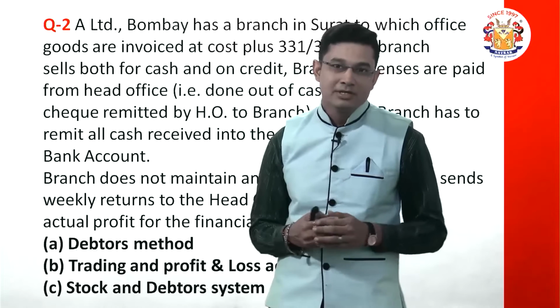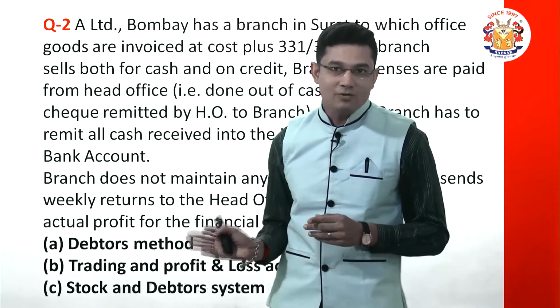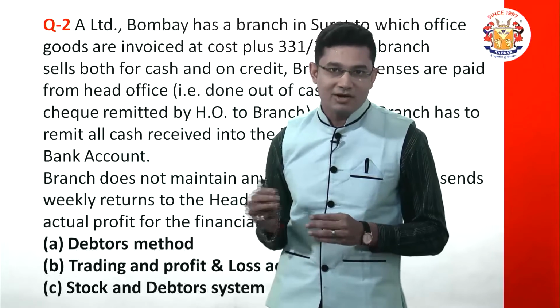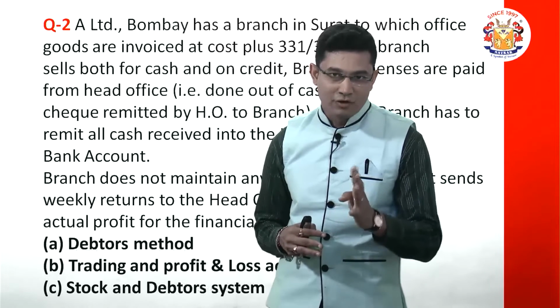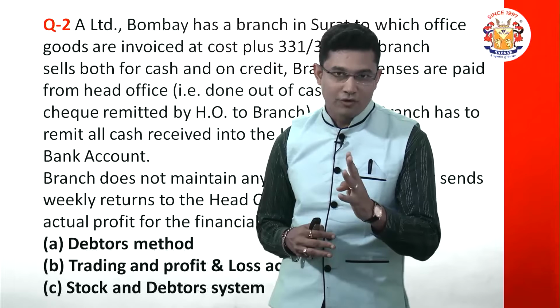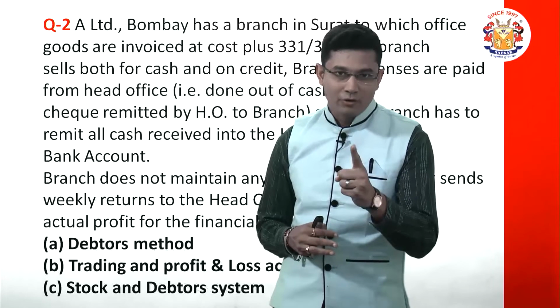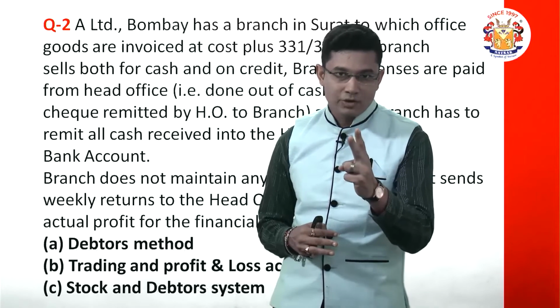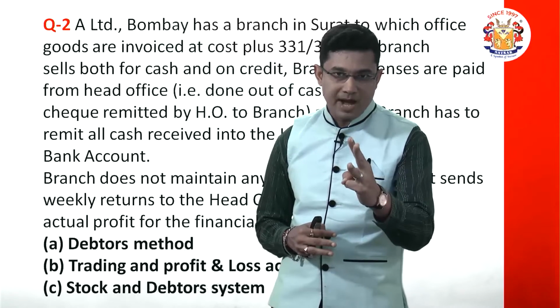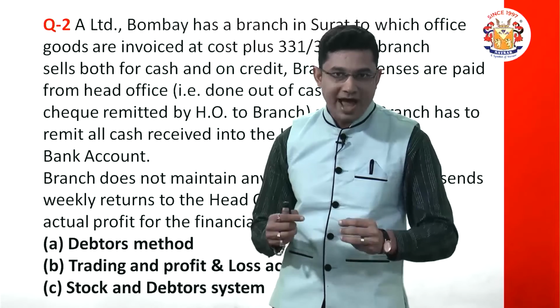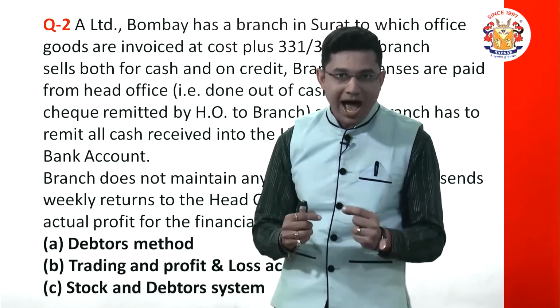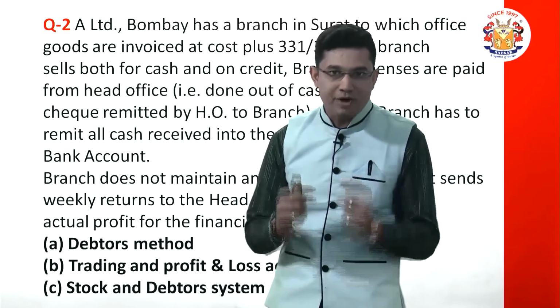Unrealized profit elements will be eliminated. Okay. So in case of this final accounts method, means branch trading and profit and loss account method, under the given method, all four elements, I am repeating, all four elements, like opening branch stock, goods sent to branch, goods returned by branch, and closing branch stock will be recorded at cost price. I am repeating, cost price.